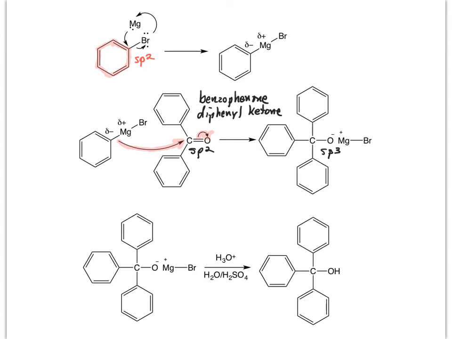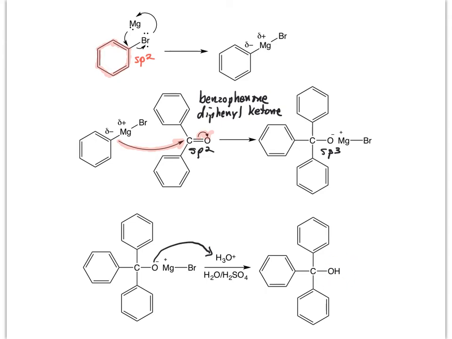And so we've got our alkoxide magnesium bromide complex. Now we need to protonate it. If we put in water with a little bit of acid, either sulfuric acid, what we're using here, or sometimes hydrochloric acid is used in this step, then the oxygen can take a hydrogen ion, and you end up with your protonated alcohol as your final product.